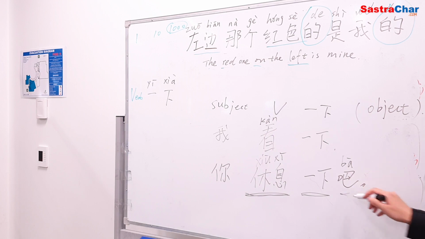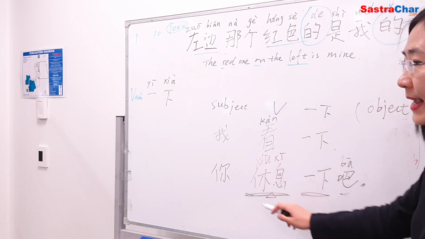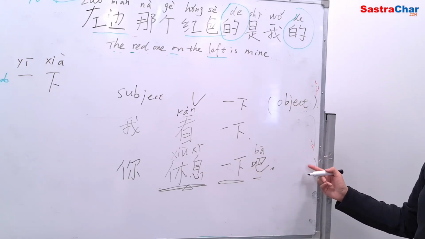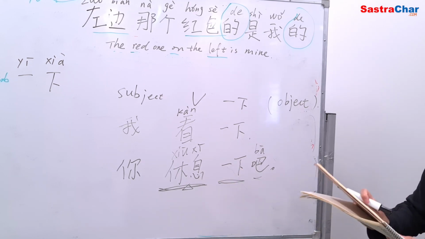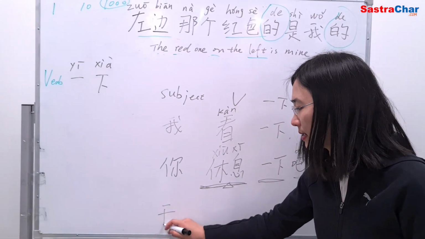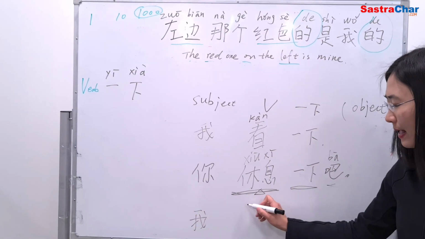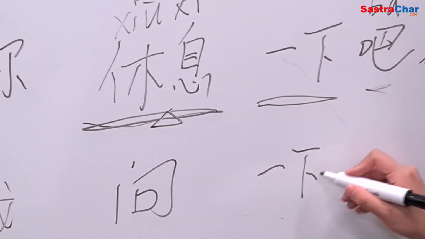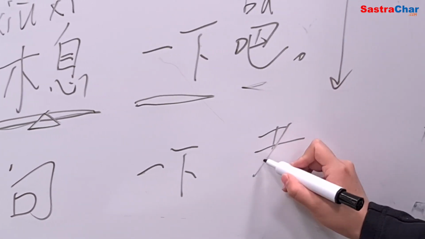Okay, because 休息 is the verb, it can stand by itself, right? So you don't have an object here, it's just rest. But the following one, the verb will be followed by an object. Subject is 我, means I, and then the verb 问一下, then I have the object 老师.